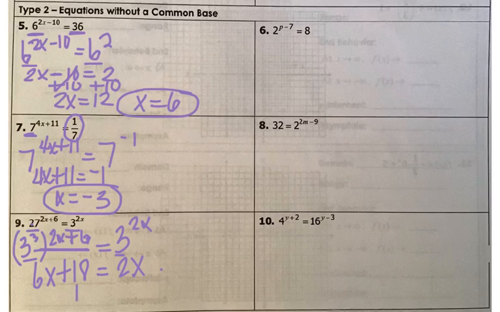So, from there we solve. 18 equals negative 4x. We divide by 4 on both sides, and so we get negative 9 over 2 equals x. Because 18 divided by negative 4 does not go evenly, so we just simplify that fraction, and that's how we get negative 9 over 2.